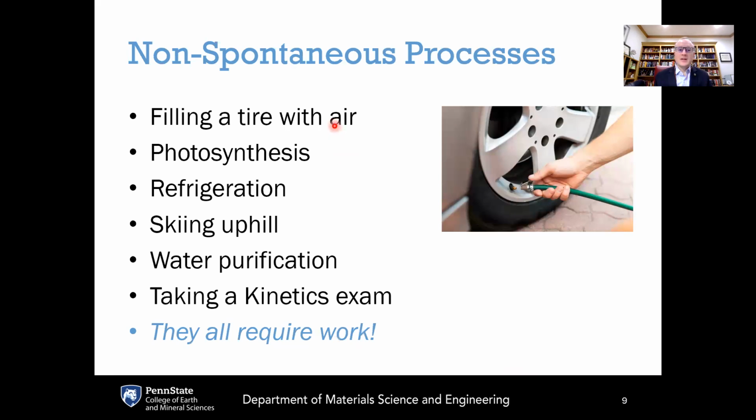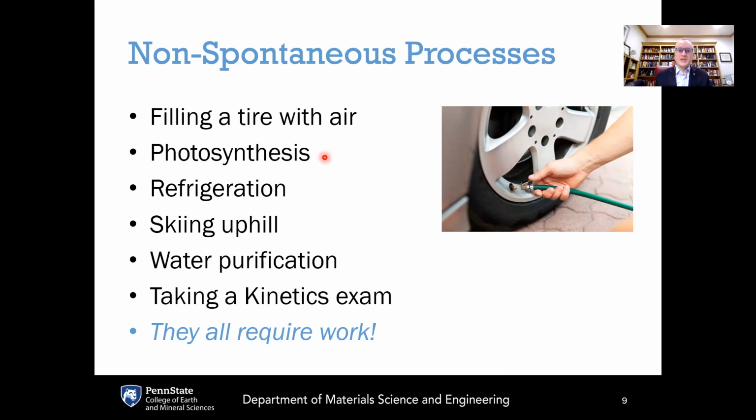Filling a tire with air is an example of that. At equilibrium, this would drive the pressure within the tire to be the same as the atmospheric pressure. In order to make the pressure within the tire significantly higher, we need to perform work on it. So this is an example of a very useful non-spontaneous process.